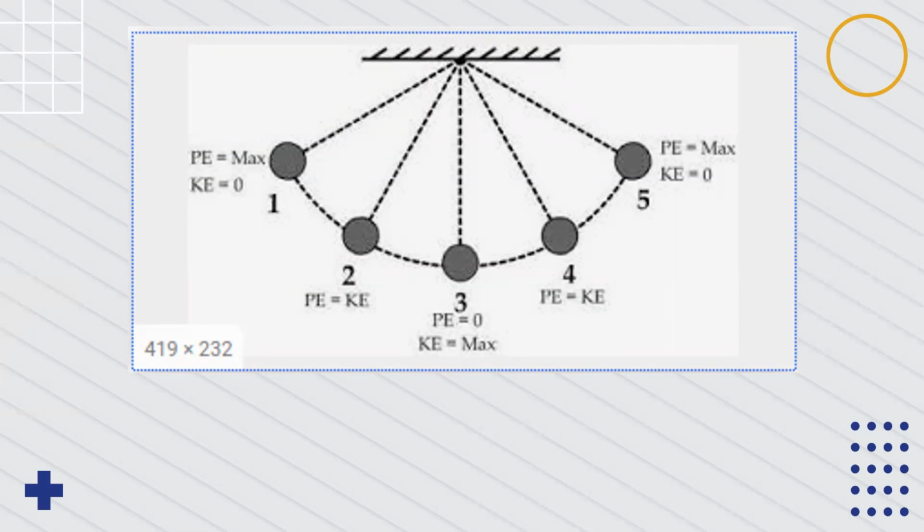Now, at the highest point on the left side, which is noted as 1, the potential energy is maximum while kinetic energy is 0. Also on the other side of this diagram on the right, we have 5, wherein the PE is also at its maximum and the KE is equal to 0.